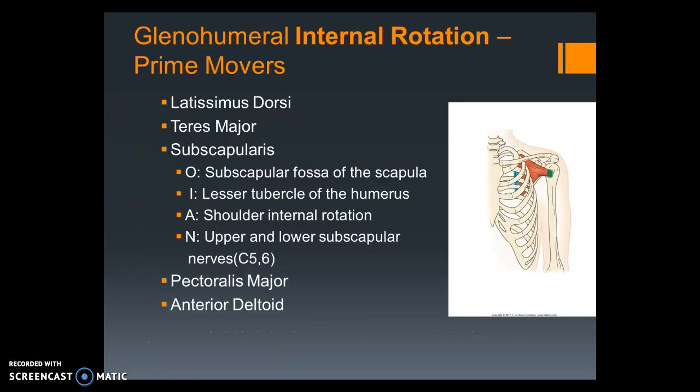Internal rotation is performed by several muscles already mentioned, such as the latissimus, teres major, pectoralis major, anterior deltoid, and here you'll see your subscapularis, which originates on the subscapular fossa of the scapula, so that's the anterior surface of the scapula, and inserts on the lesser tubercle of the humerus. It performs shoulder internal rotation and is innervated by the upper and lower subscapular nerves.